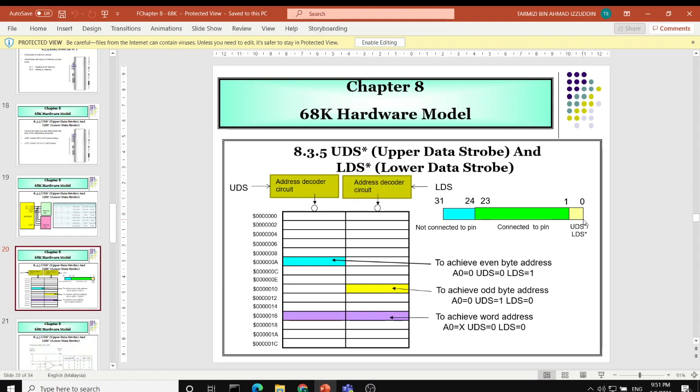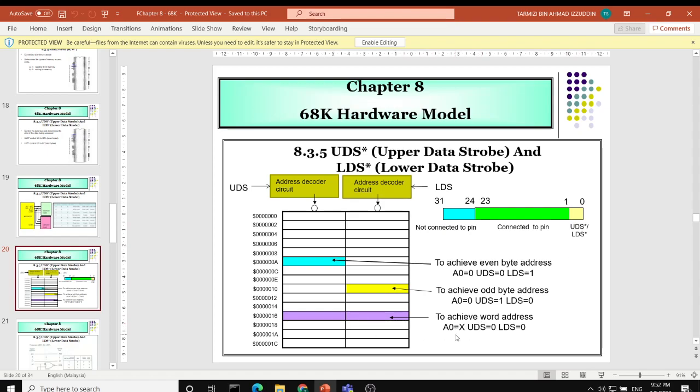The first bit, A0 here, which is denoted by UDS LDS, is the one that controls where to write, on the even side or at the odd side. To achieve an even byte address, you set A0 to 0, or to achieve an odd byte you set A0 to 1.